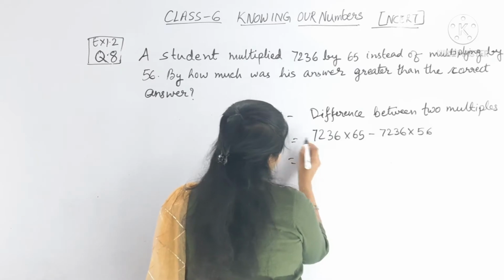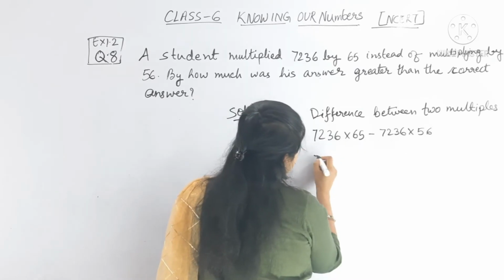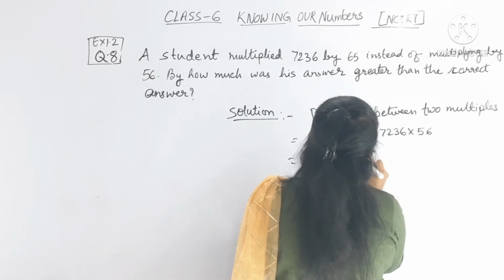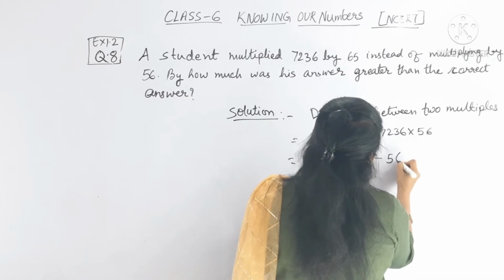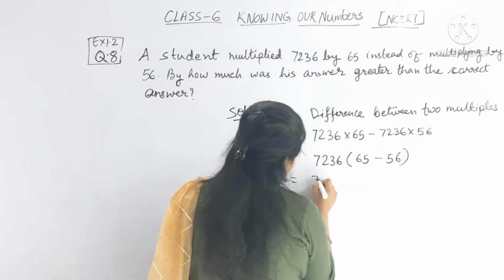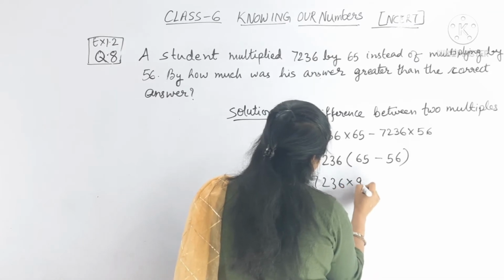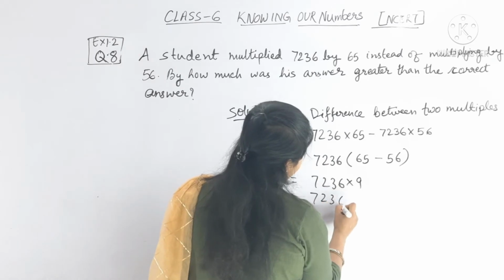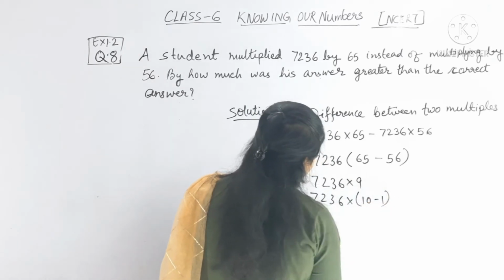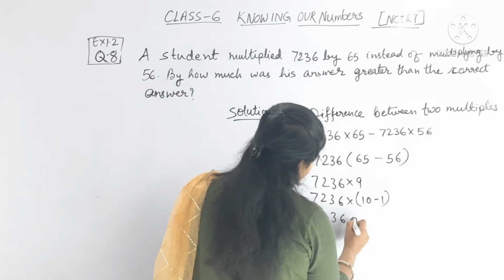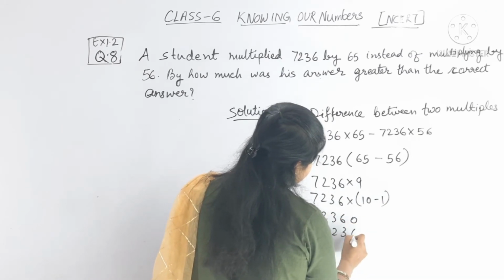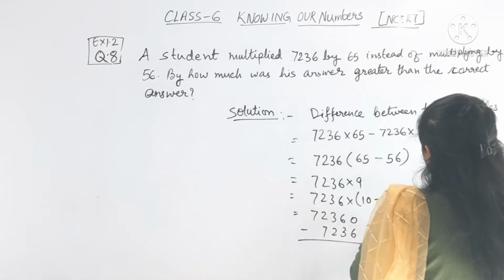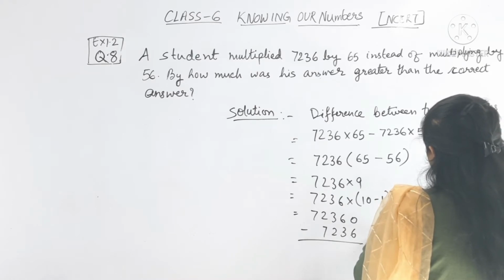So I am taking 7236 common from both numbers. So I am getting here 65 minus 56. So 65 minus 56 is 9. 7236 into 9, so we have to multiply with 9 here. You can write like this also, into 10 minus 1. 7236 into 10 minus 7236 into 1.